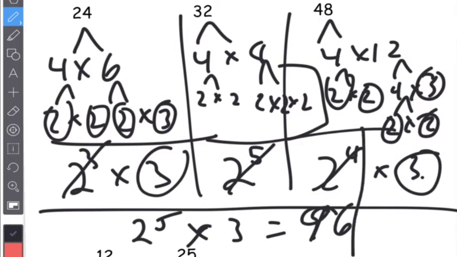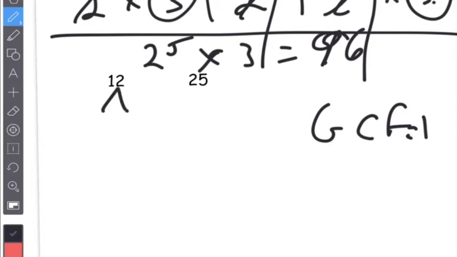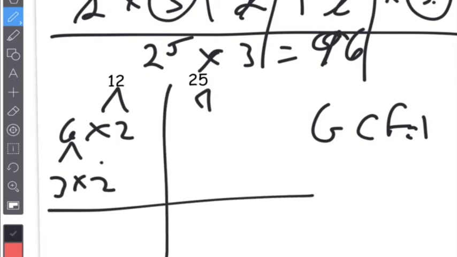Okay. At the bottom, we have 12 and 25. So the GCF of those is actually pretty easy because it's only 1. So GCF is 1. And the LCM, 12 is 6 times 2, 3 times 2. So for here, I have 2 squared times 3.